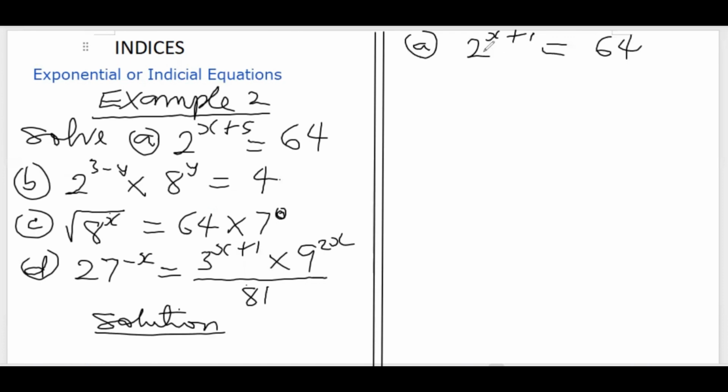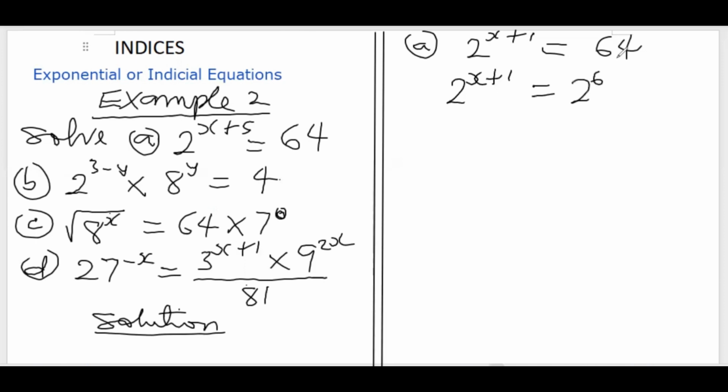So here, 2 to the power of x plus 1 is already well expressed in index form with 2 being the base and x plus 1 being the power. To the right, we have 64. Express this 64 in index form. One number multiplies itself a certain number of times to give 64. It is 2. 2 multiplies itself 6 times to give 64. So 2 to the power of 6.